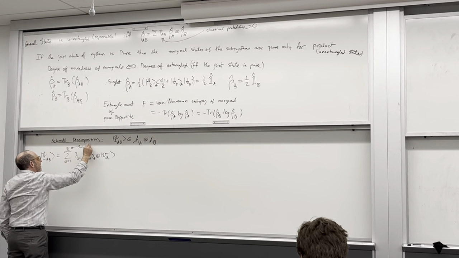And let's expand the state psi for the joint system in the basis, where these gamma ij's are the expansion coefficients.